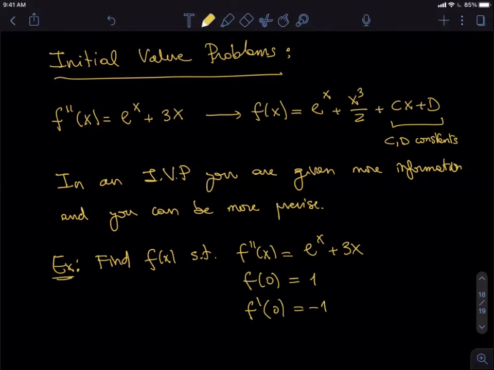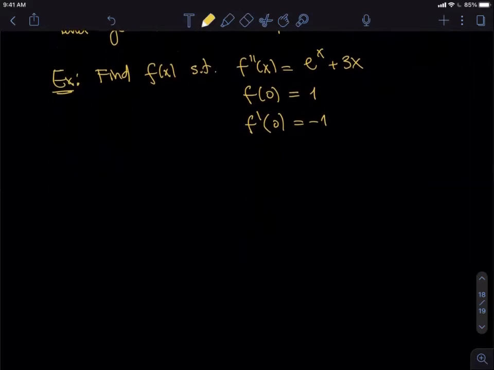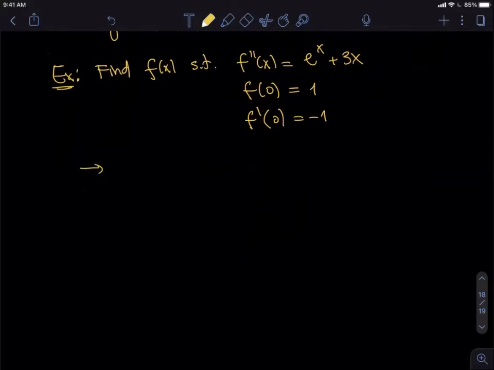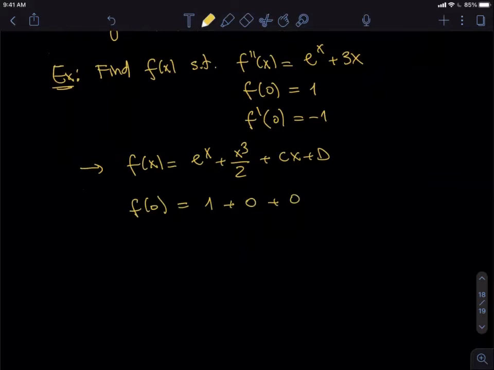All right, so let's do it. We know already that f(x) has to be of the form e^x + x^3/2 + cx + d. So we can take f(0) and we get 1 + 0 + 0 + d. But we know that this must be equal to 1, because of condition star.